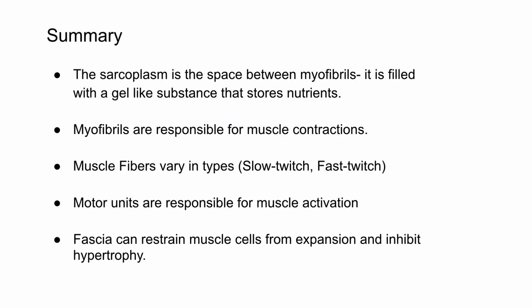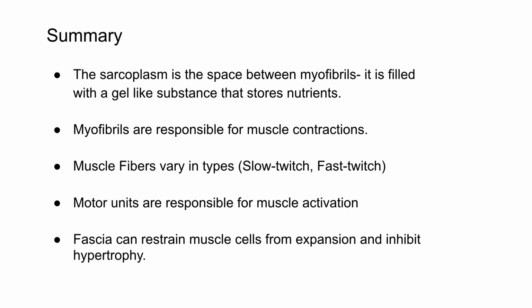So let's just do a summary of everything we covered in this module. The sarcoplasm is the space between the myofibrils, and it's filled with a gel-like substance that stores nutrients called the sarcoplasmic fluid. The myofibrils are responsible for muscle contraction. Muscle fibers, also called muscle cells, vary in types and can be affected by training.